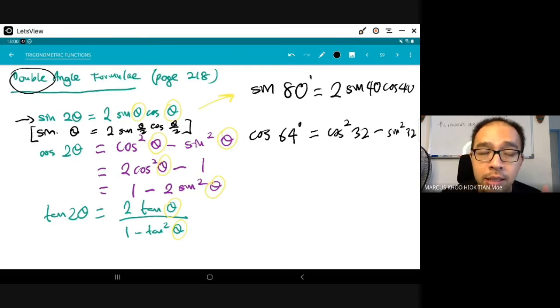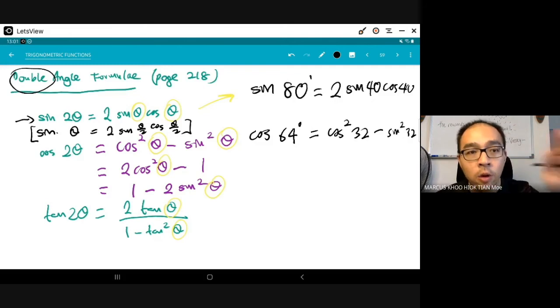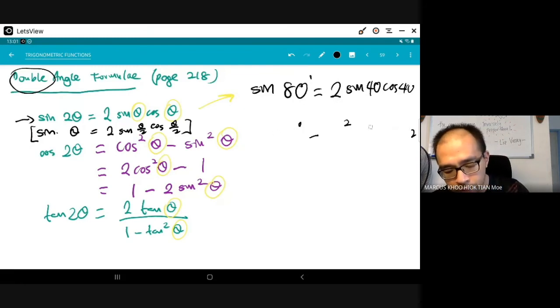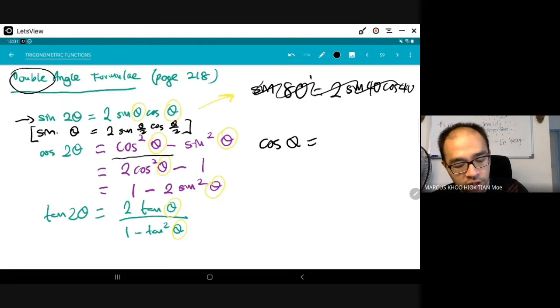But you need to understand that the half angle formula is actually derived from the double angle formula. So instead of struggling to memorize the half angle, just remember that if you halve the double angle, the half angle will appear. Likewise, cos theta, according to this first line, equals cos squared theta over 2 minus sine squared theta over 2.